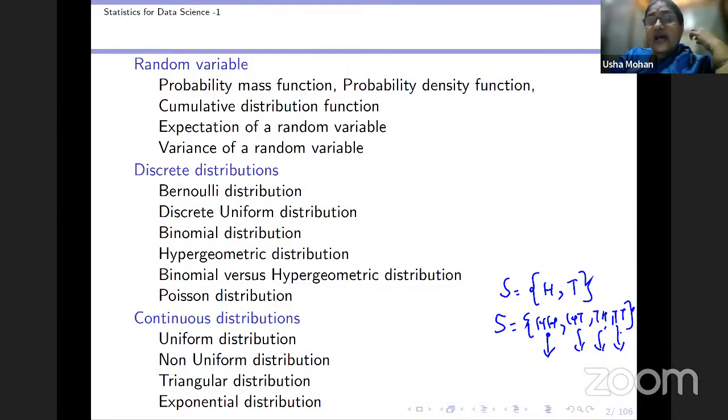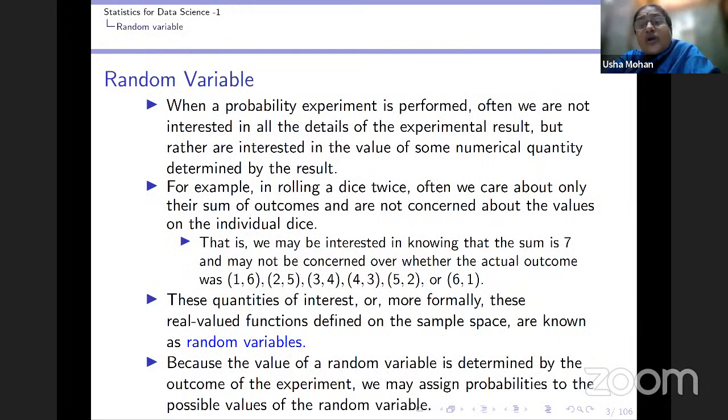I can give the number 2 here, the number 1 here, the number 1 here, the number 0 here. So every outcome is mapped to a number. This mapping of every outcome to a real number is what we call a random variable. We are not interested in the actual experimental outcome, but in some numerical value, and these real valued functions defined on the sample space are what we call the random variable.